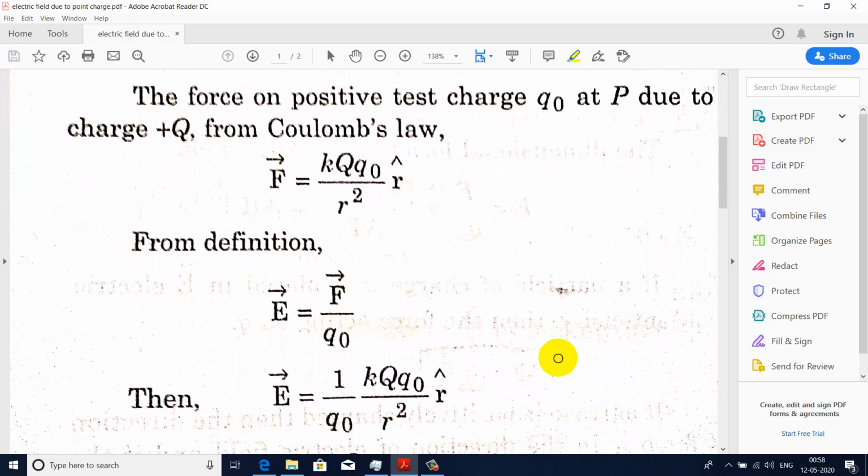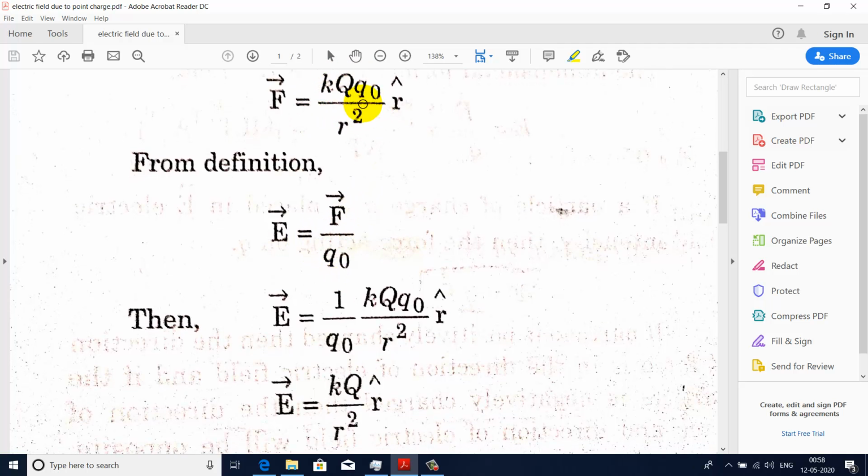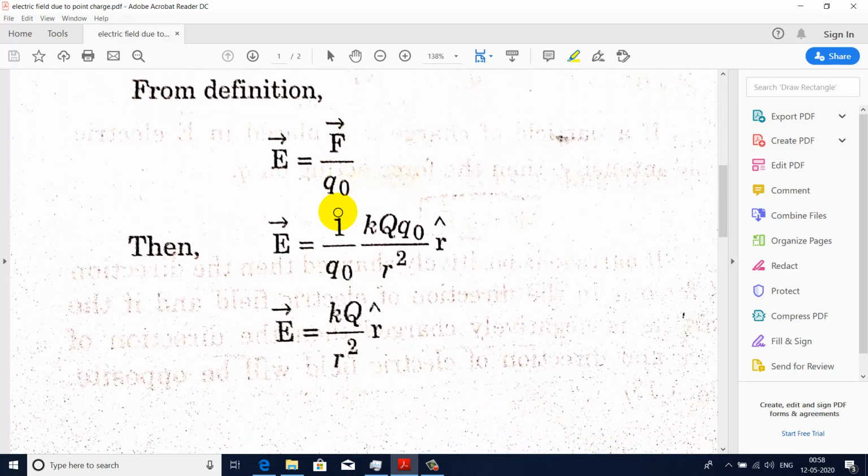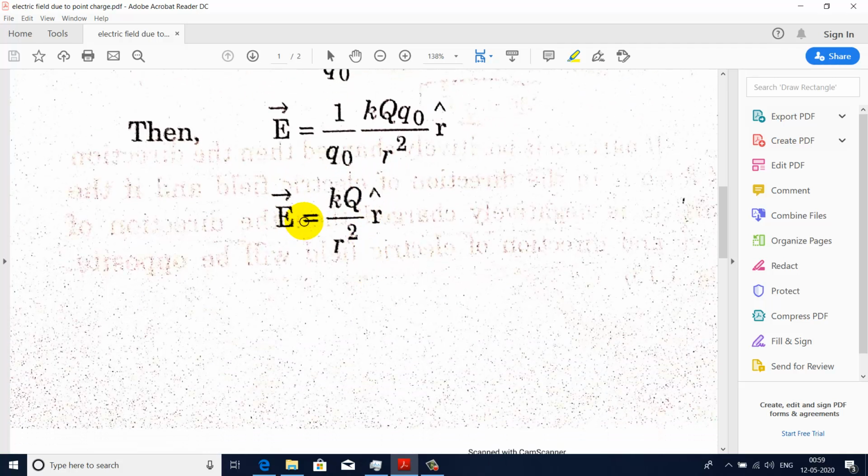And from the definition of electric field, we know the formula E equals F upon Q0. We put this value of F here. Then the value of electric field becomes 1 upon Q0 times K Q Q0 upon r square r cap. Q0 gets cancelled by Q0, so the value of E is KQ upon r square r cap.